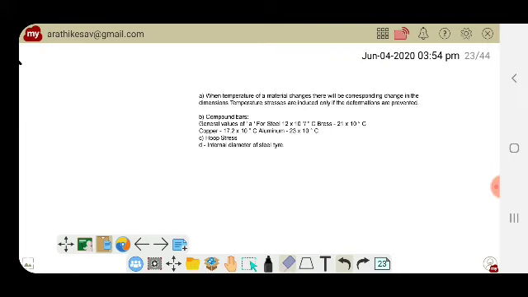In compound bars, we have a rod inserted into another rod, or we may say they are connected in parallel for convenience. If we take the cross section, we can see material 1 inside and material 2 outside, and both ends are fixed, as we have seen earlier.